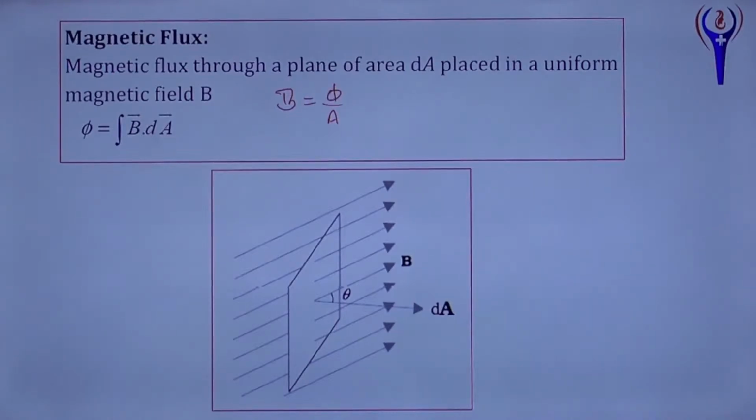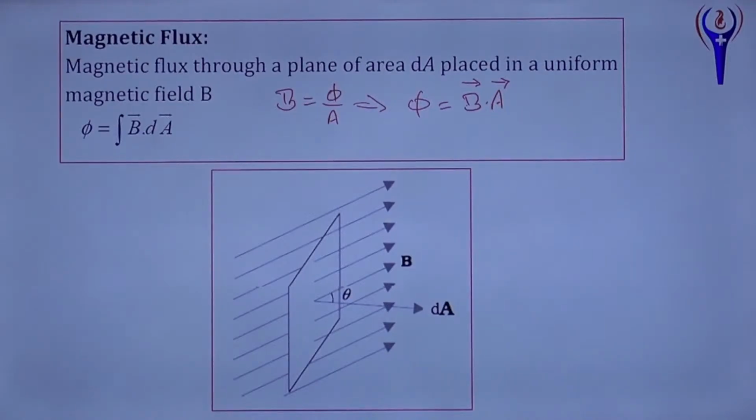B is the total magnetic lines of force per unit area. So phi equal to B dot A. That is given, and phi equal to integral of B dot dA.